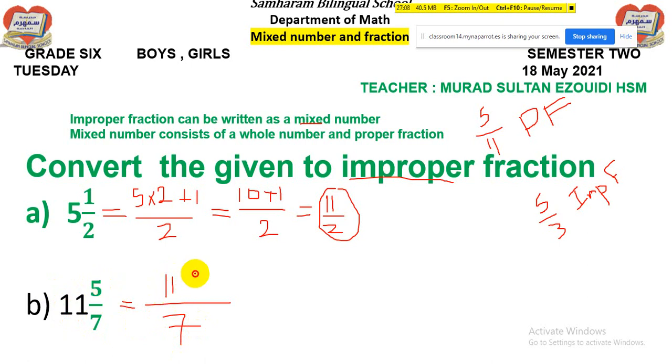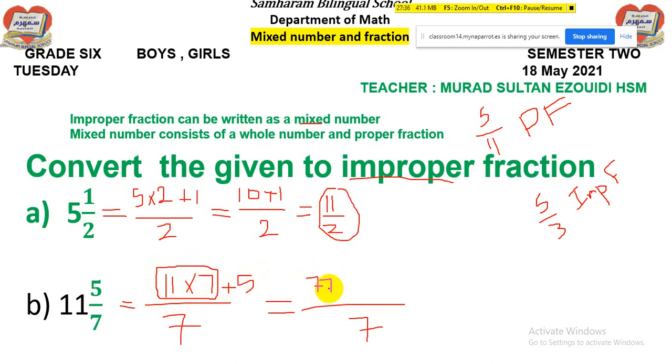Then my learners, here 7, the divisor, write it as it is, but don't make 7 plus 5 is 12, then 11 by 12 is 132. No, you should do this first. Calculate 11 multiplied by 7 first. 11 by 7 is 77.